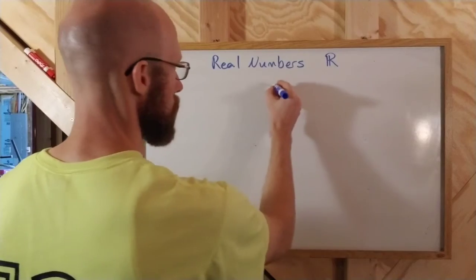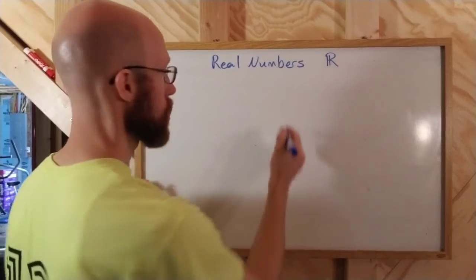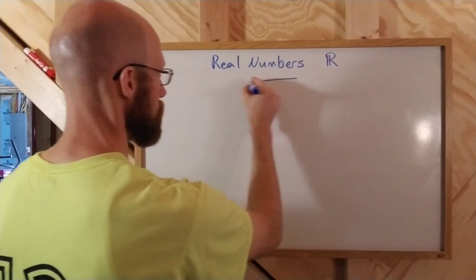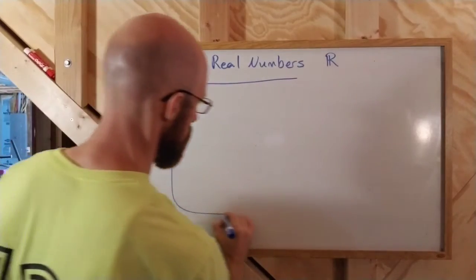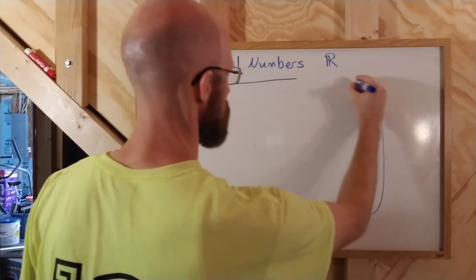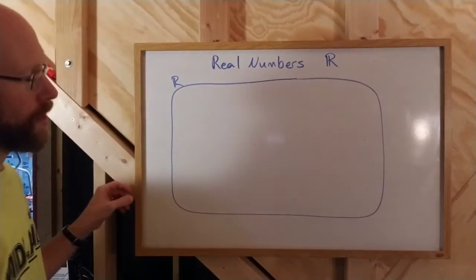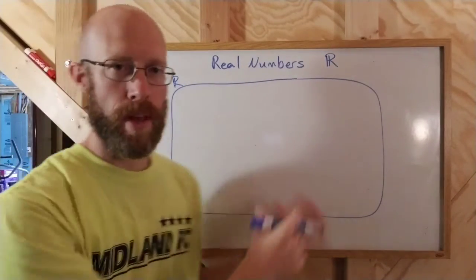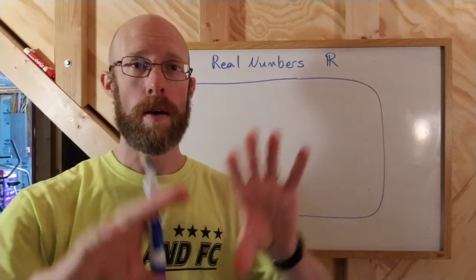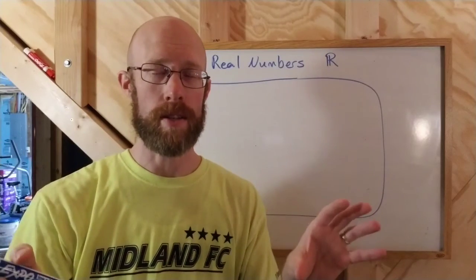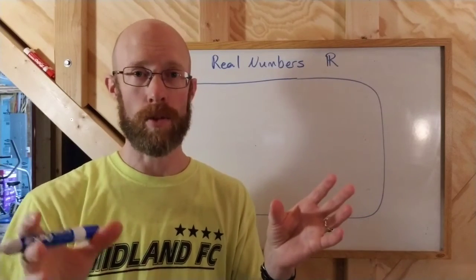And the real numbers encompass all of these other ones that I was just talking about. If you think about all of the real numbers as your universe, then within that set are two main disjoint sets. They are the irrational and the rational.